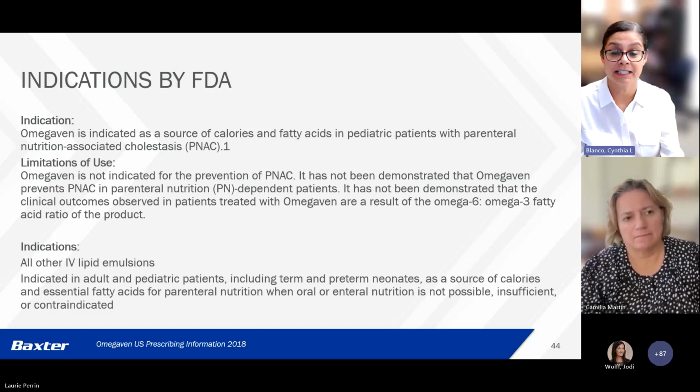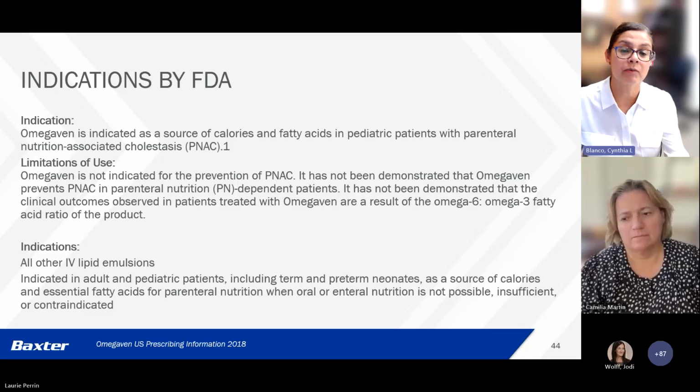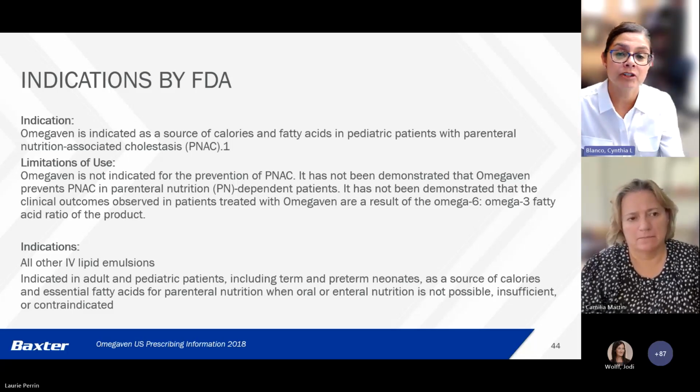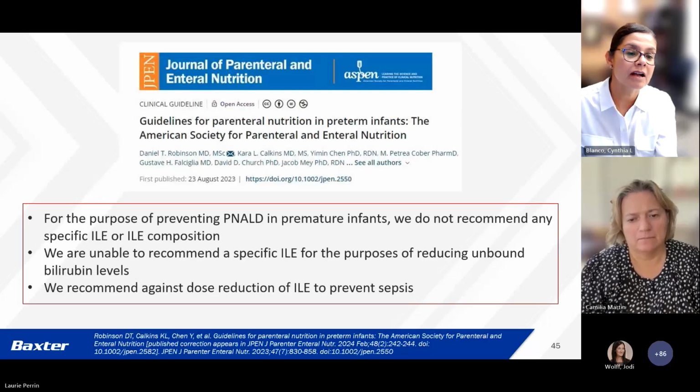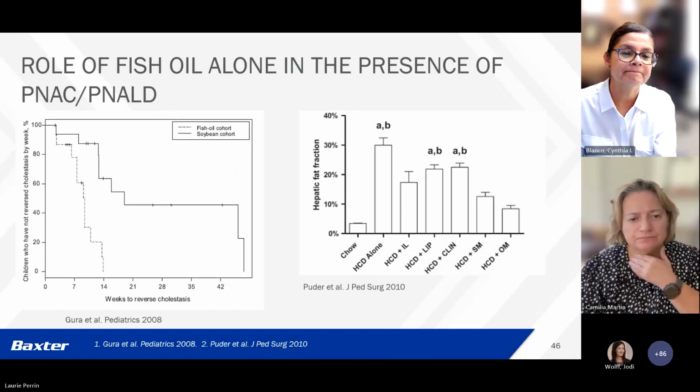But once the cholestasis is established, we all have used omega-3, and we have seen some of the results that others have seen, which is shown in the next slide. Again, I think that I already talked about, not for prevention, but for later in reducing that unbound bilirubin level. If you want to go to the next slide.